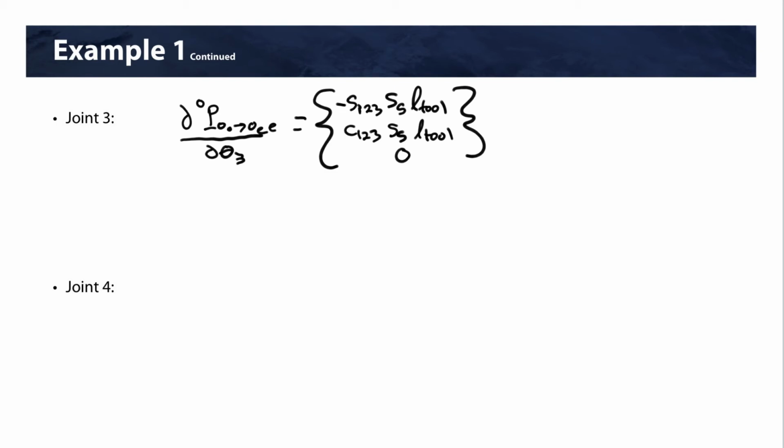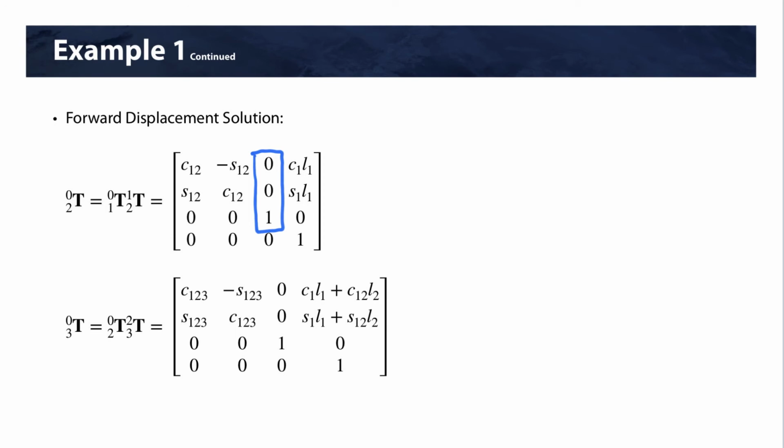We need joint axis 3 now, so that's going to be Z3 with respect to frame 0. So we need to go to T03 to get that one. Here's T03. Here's our joint direction. Again, it's 0, 0, 1 because these first three joints are all parallel to each other.